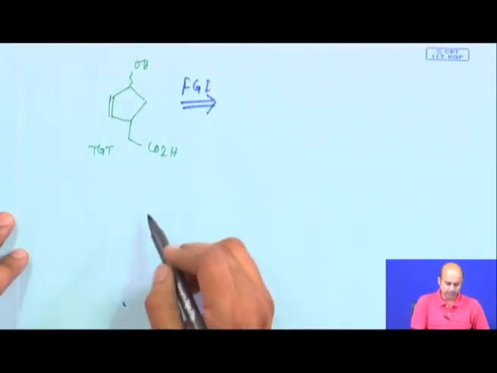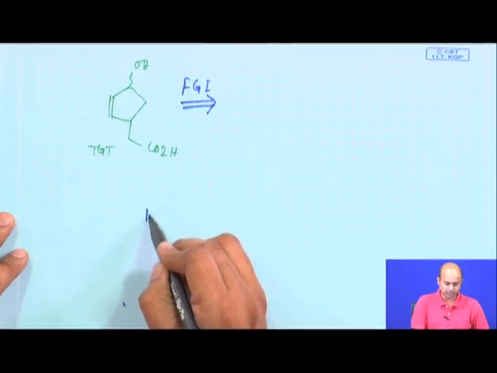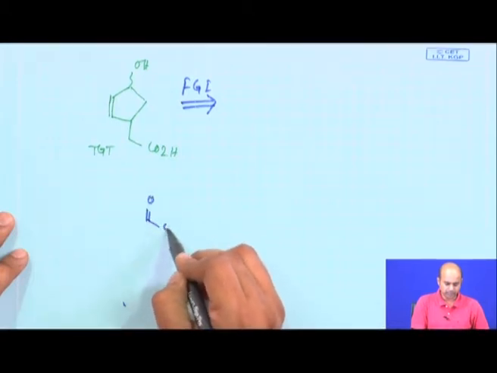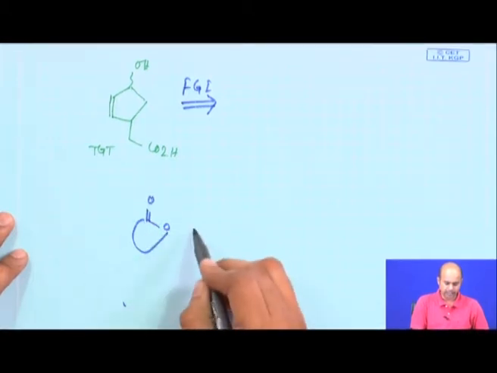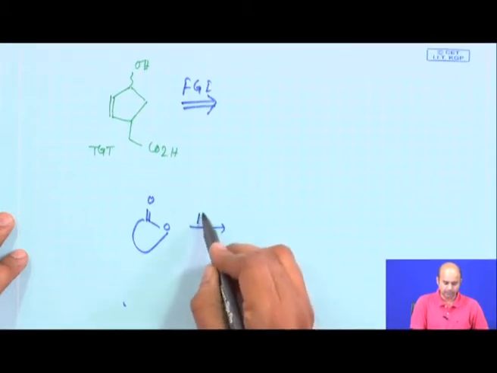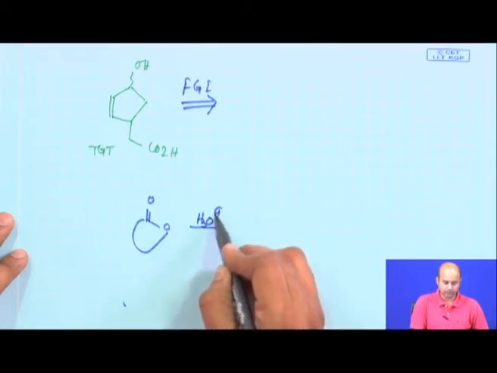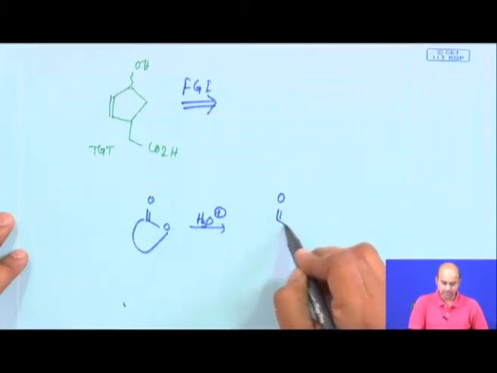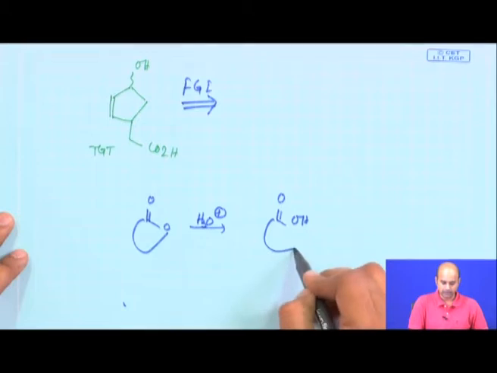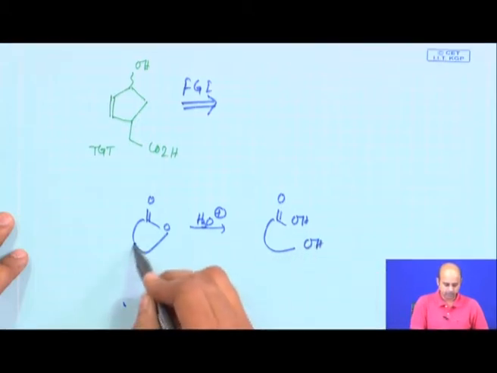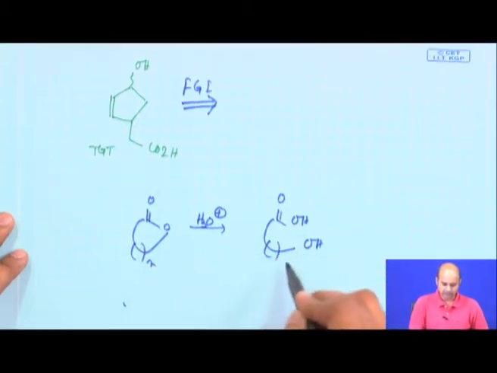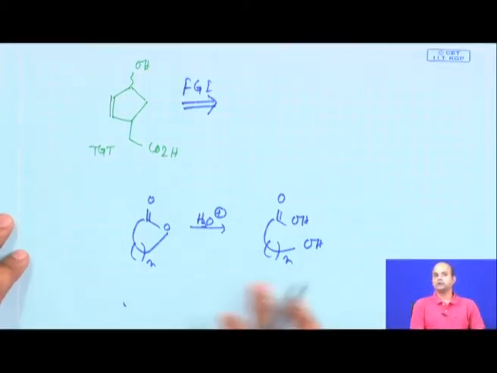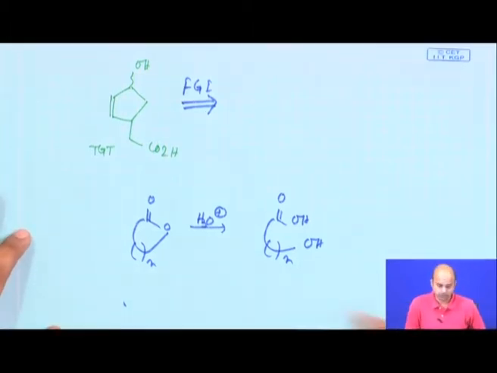So, which compound after hydrolysis gives a hydroxy acid? My answer is lactones. Lactones, if you hydrolyze them in aqueous acidic or basic medium, you will get a hydroxy acid compound, no matter what the chain length is. So, this information you need to keep in your mind.